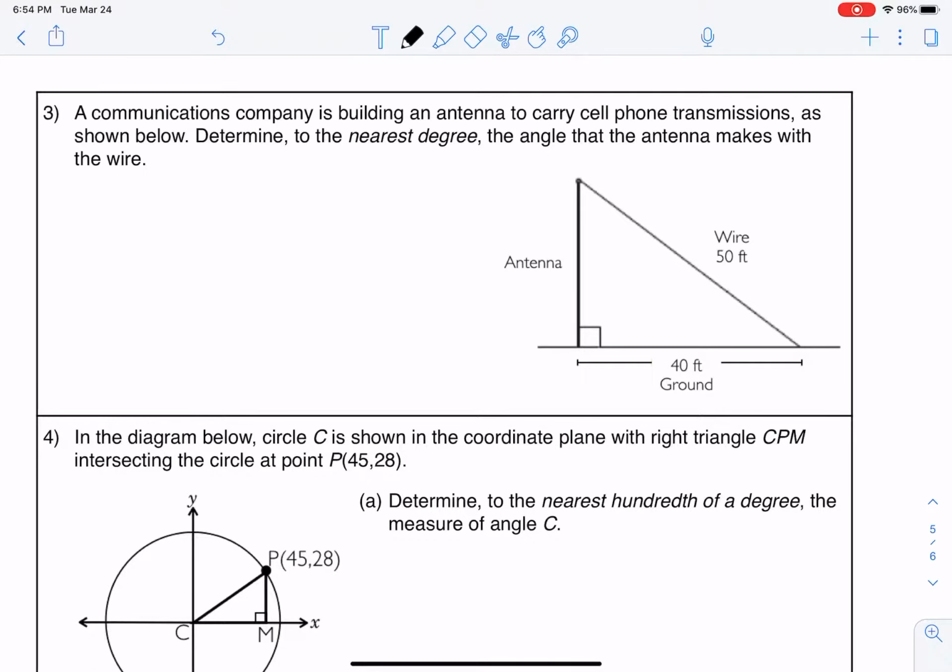And in fact, maybe we should set up that problem together. So a communications company is building an antenna to carry cell phone transmissions, as shown below. Determine to the nearest degree the angle that the antenna makes with the wire. Okay, so here's my antenna, and here's my wire. The angle that I'm interested in is this angle here.